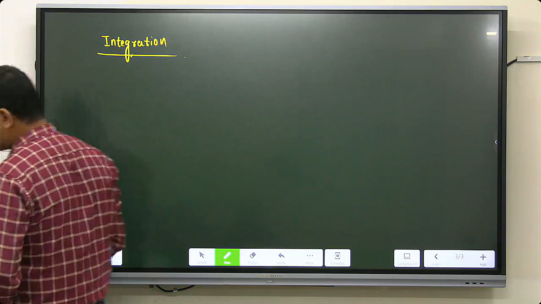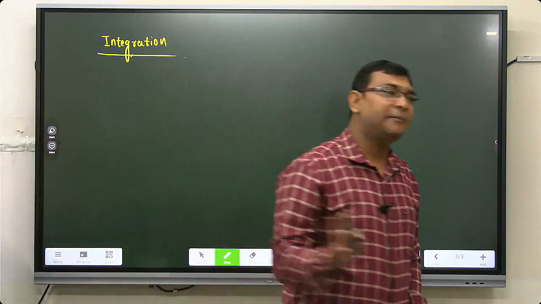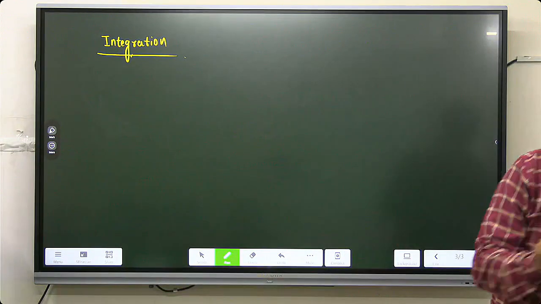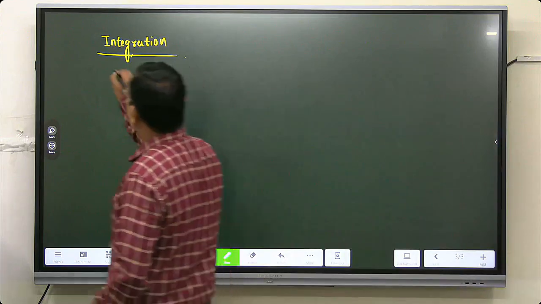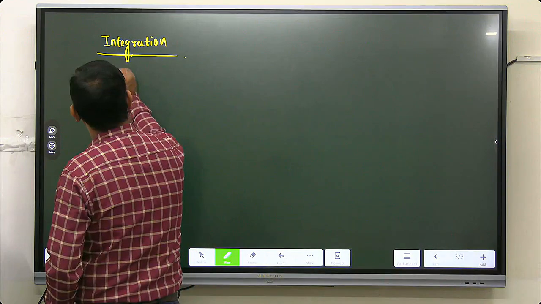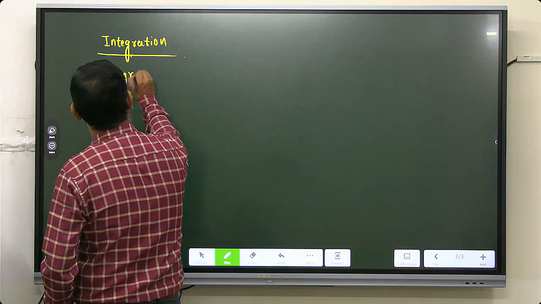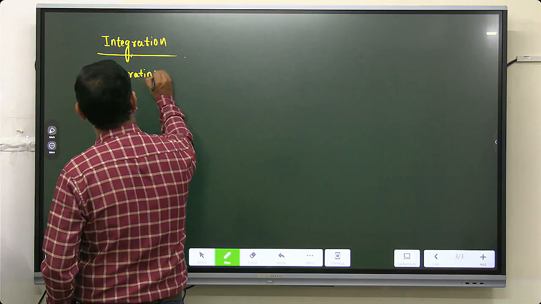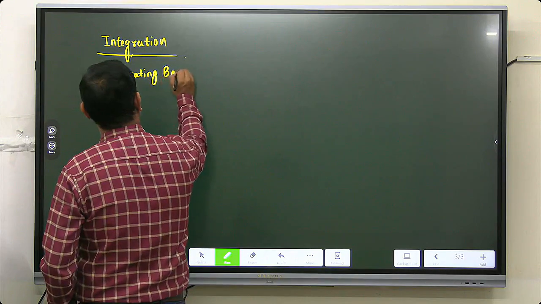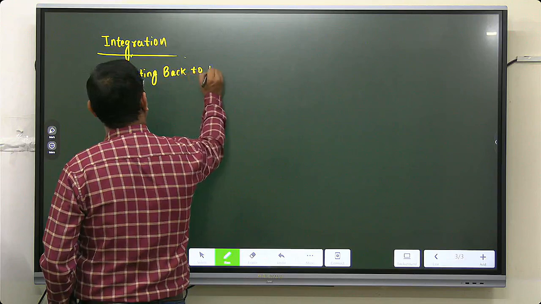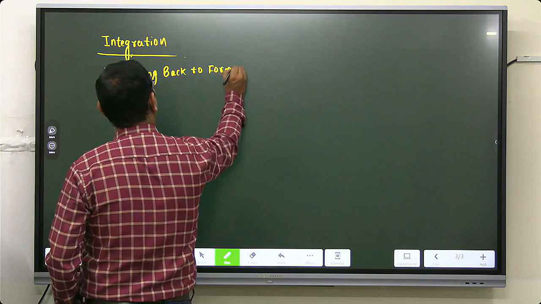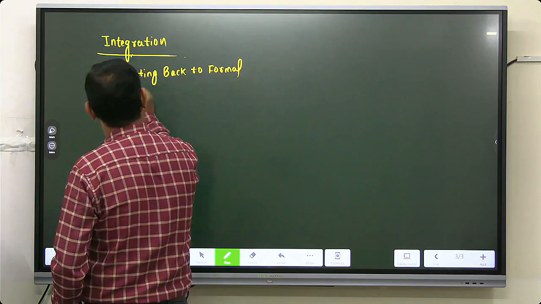In the integration stage, now, integrating back to the formal account. The main purpose here is integrating back to formal accounts. This is the aim.